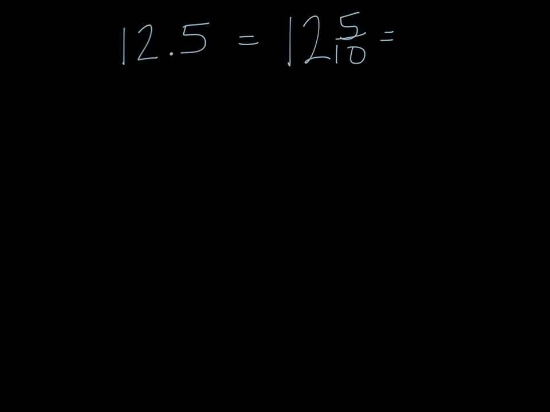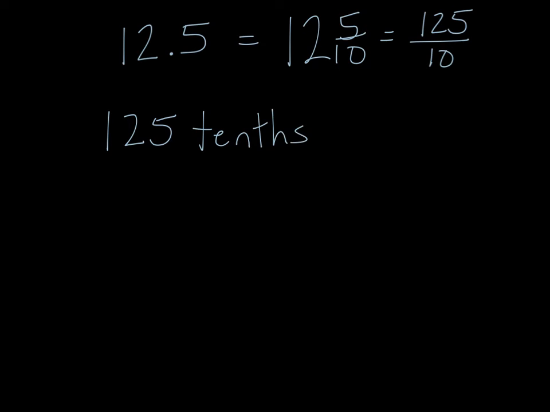And then I'm going to add that to the 5 tenths that I already have. So this is 125 tenths. So it's pretty simple to write this in decimal form. The number 12 and 5 tenths has 125 tenths.